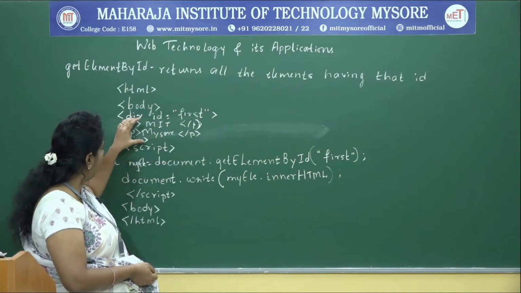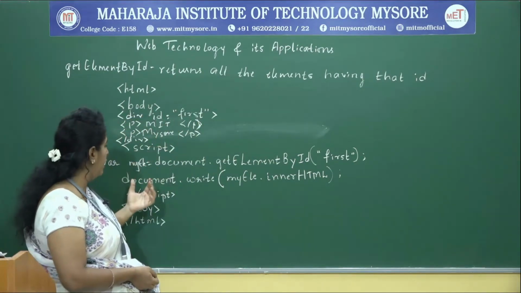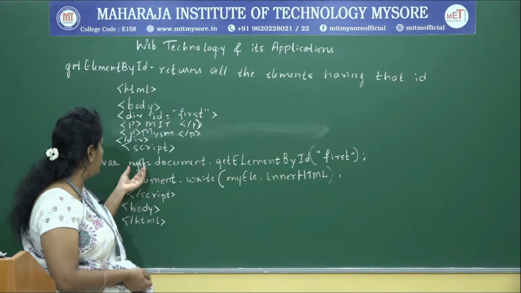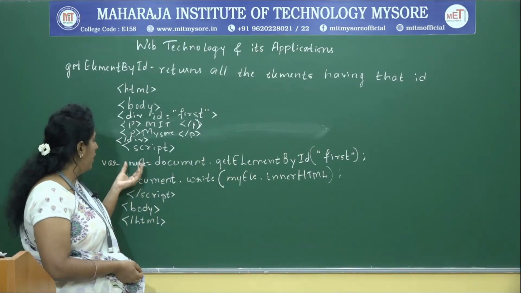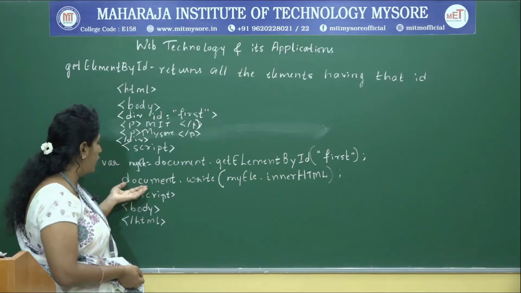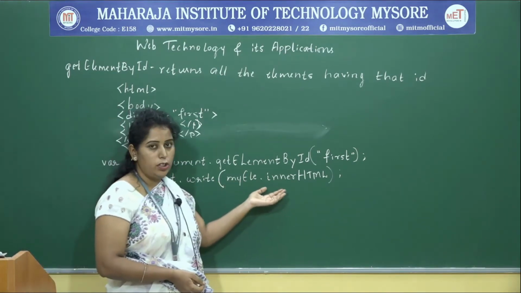So this entire div element is returned and stored in the variable myElement. Now using this I am going to print it on the screen.